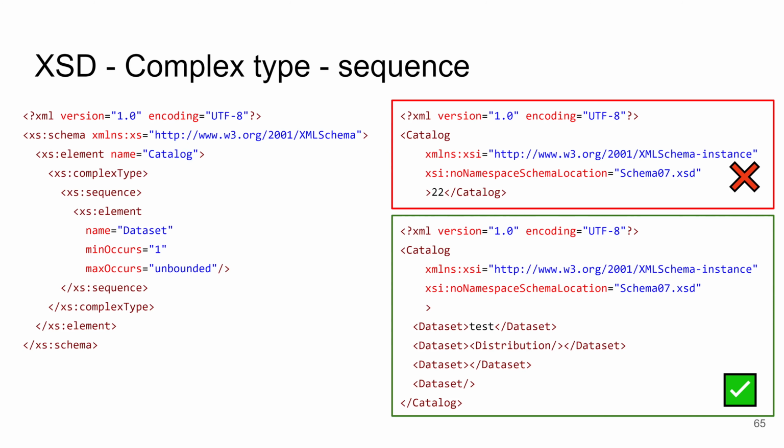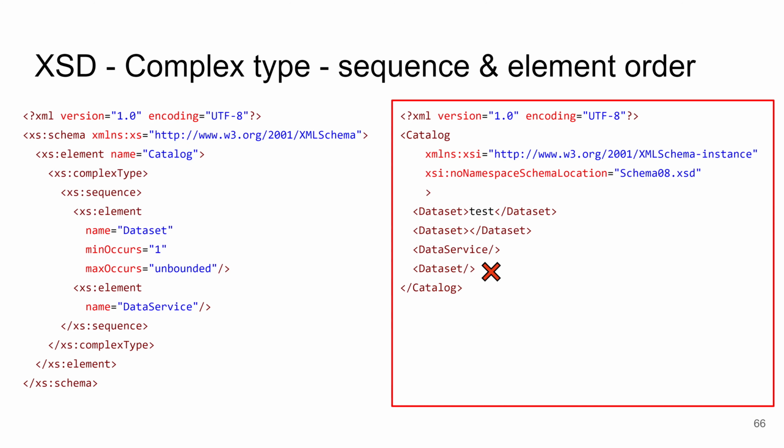All those dataset elements are valid because we say nothing about the content of the dataset element. And the document as a whole is valid because the catalog element has a sequence of dataset elements inside, and those in this case are the 4 dataset elements.